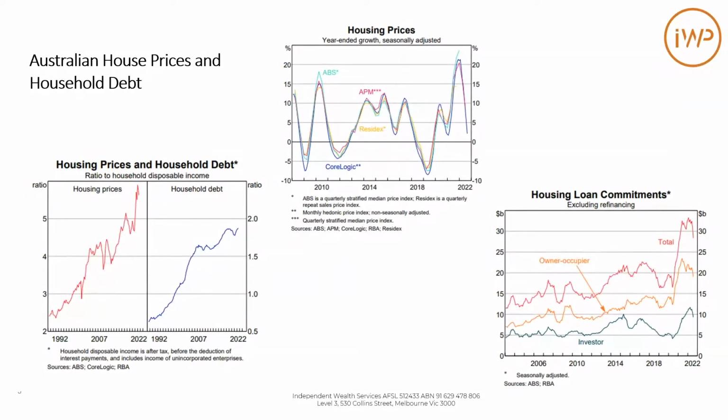We've got some house price data, which here reflects housing prices really taking off from 1992 to 2022, supported by increasing levels of household debt as well. So that's again been a fairly consistent theme. Certainly over the course of the last nine months since we've started to see rate rises, this chart is really showing a reduction in prices.